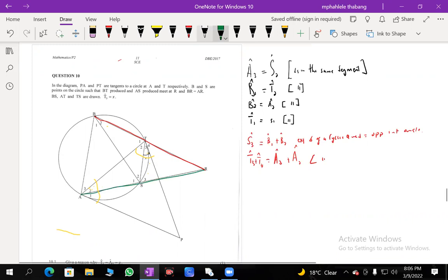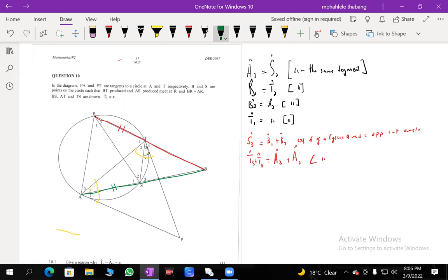Let me use this symbol to indicate that they are equal. Line BR equals line AR. Okay? So opposite equal lines, opposite equal angles, of an isosceles triangle.